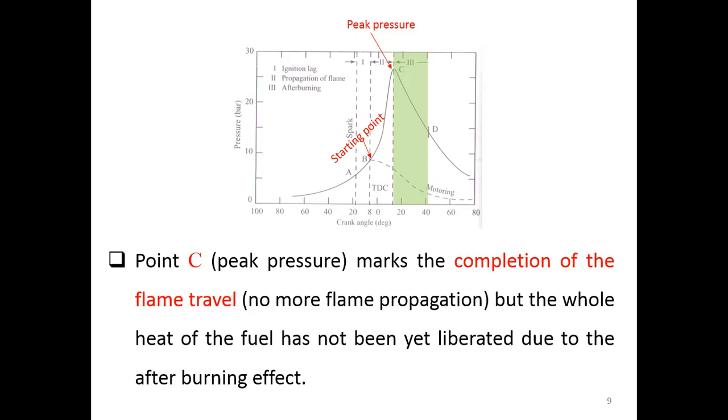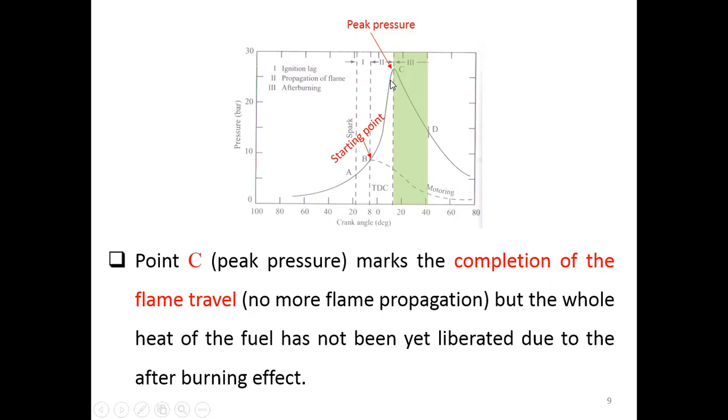Then the piston starts to move down, but the pressure on you is still going up. This pressure is going up because of the combustion, because during this time the engine is under the expansion stroke.